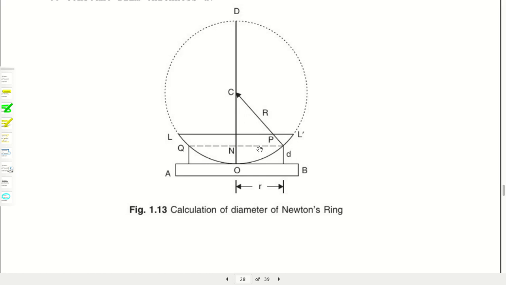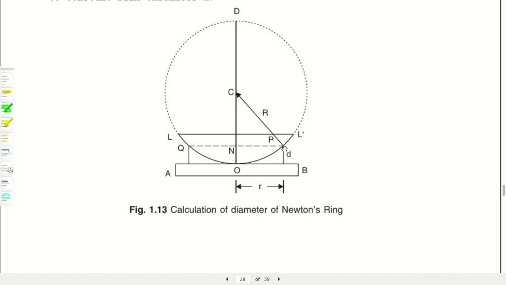Because the fringes are produced from the wedge shaped film, and at those points where the thickness of the film is constant, those will satisfy the same interference condition, whether max or min of the same order n.